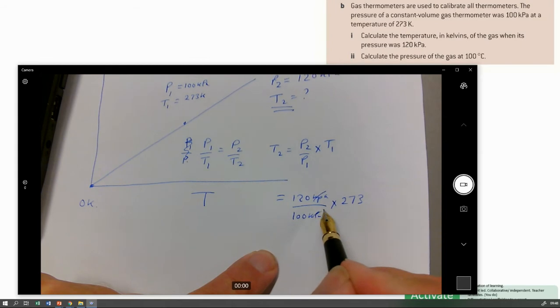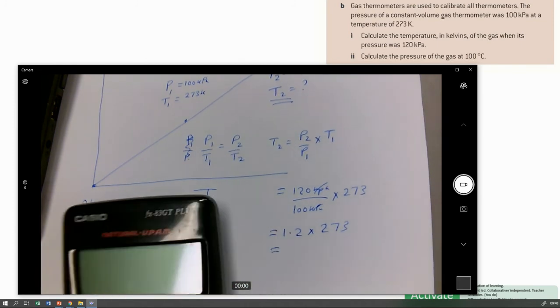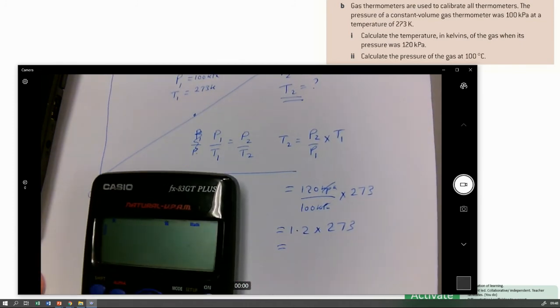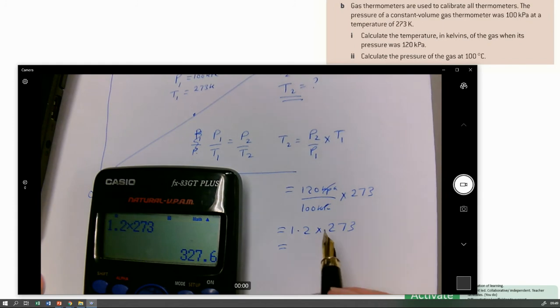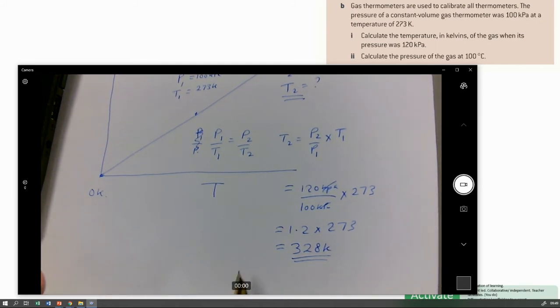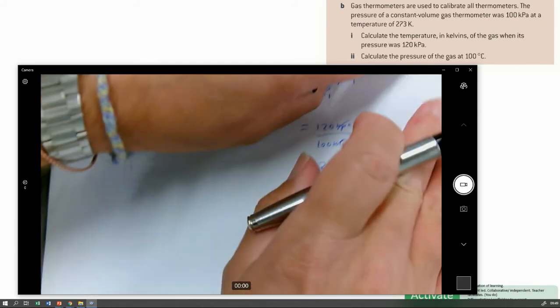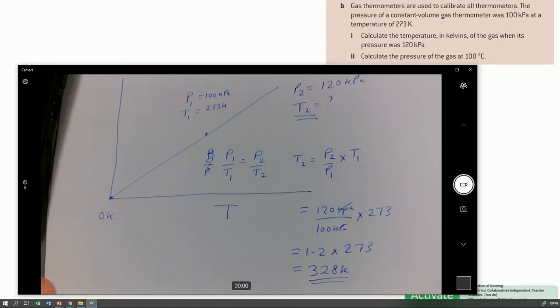The kilopascals cancel, so it's equal to 1.2 times 273, which equals, let's get the calculator out, 327.6. Let's call it 328 Kelvin. Very important, it's in Kelvin. Easy peasy.